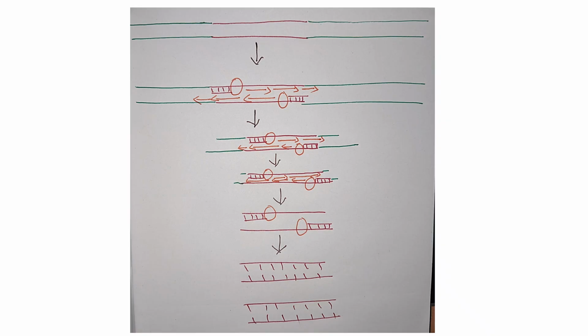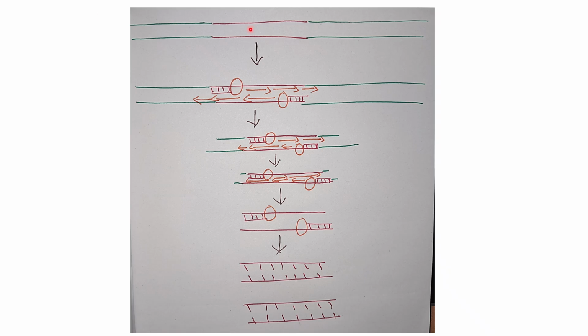Then okay, next one is your PCR. Now in PCR, this is the full length genomic DNA. This is the red one, that is the target sequence. Now when you conduct PCR, you add all the reagents, set the PCR to its denaturation condition, then annealing, then extension, and then final extension.